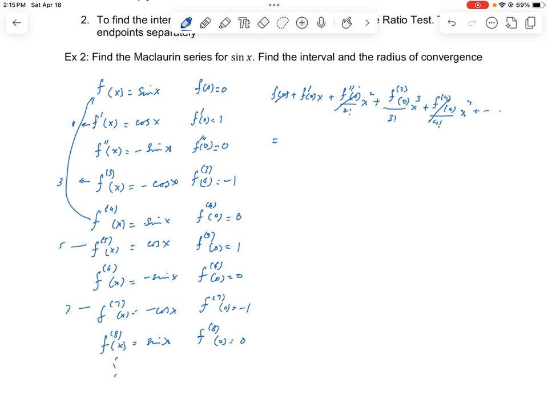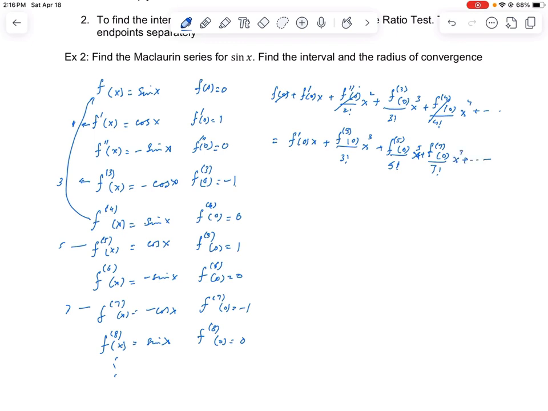That we can write only f prime of 0 times x, plus the third derivative of 0 over 3 factorial x to the third, plus the fifth derivative over 5 factorial x to the 5, plus the seventh derivative over 7 factorial x to the 7, plus dot dot dot.